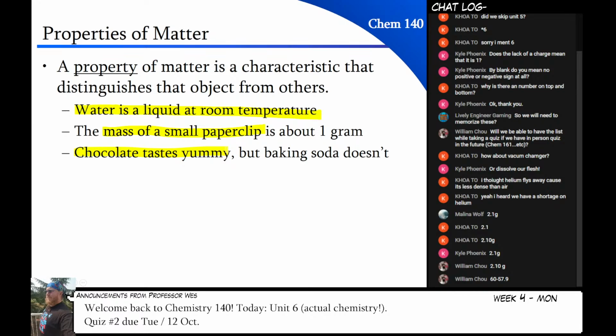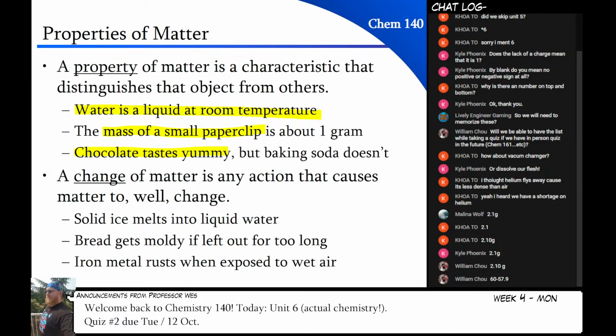Properties are traits that objects have. If you are just looking at the properties of something and you don't change it, that's going to be different than doing some sort of action that does cause it to change. And that would be these things right here. For example, if you have a solid ice cube and you leave it out on the counter, it'll turn into a liquid. It'll melt after a while, right? If you have bread or bagels or something bread-related and you put it in the fridge, it'll last a long time, but eventually it gets moldy.